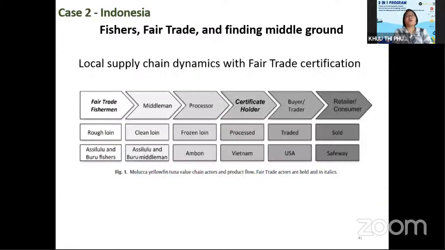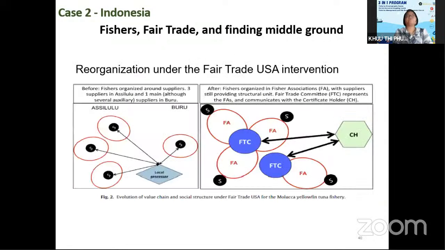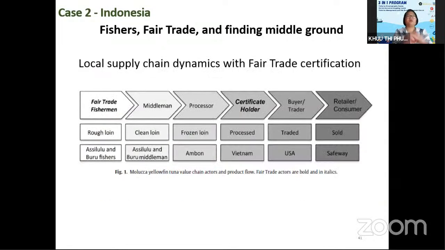But the most important thing is the local supply chain with fair trade certification. Fishermen who apply fair trade will provide to middlemen as well. From the middleman it goes to the processor, and the processor provides to the certified holder.